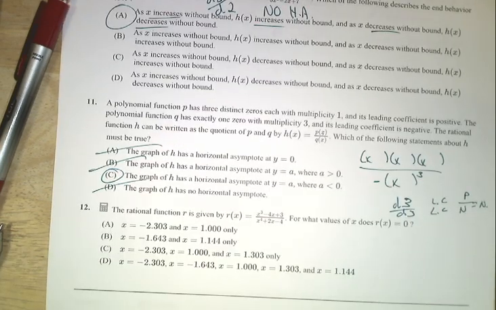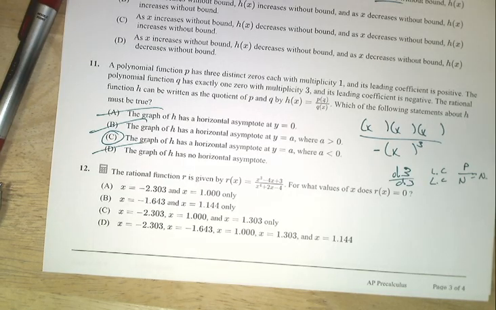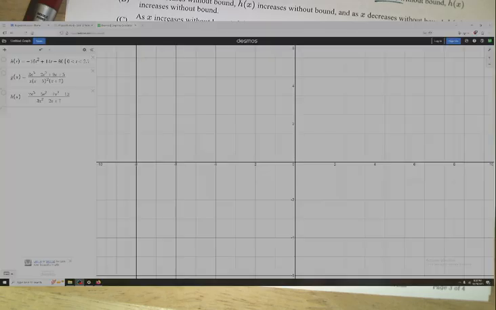Okay, here is another one. There is a little calculator icon, so we should be able to use the calculator here. Let's type our function into the Desmos graphing calculator.